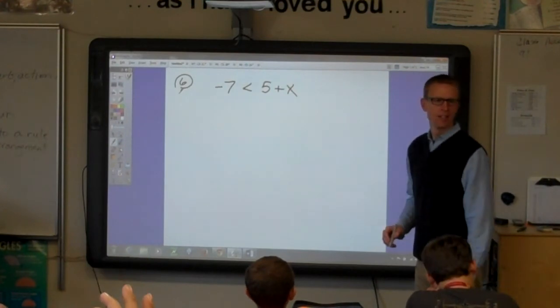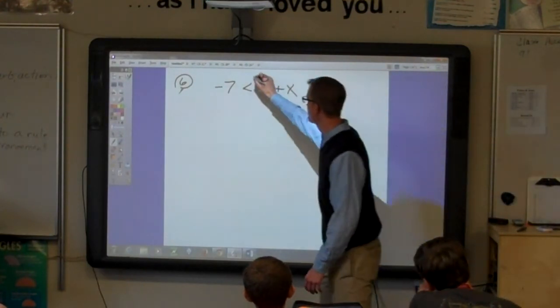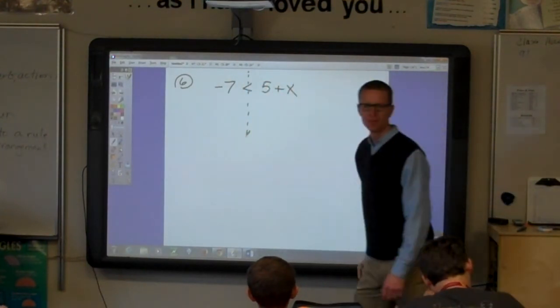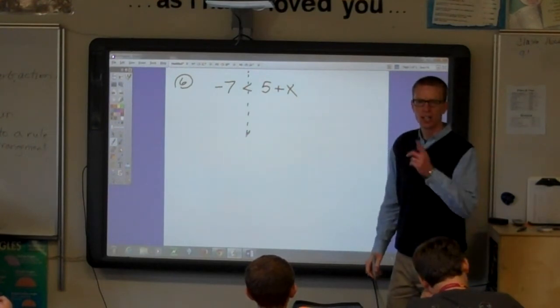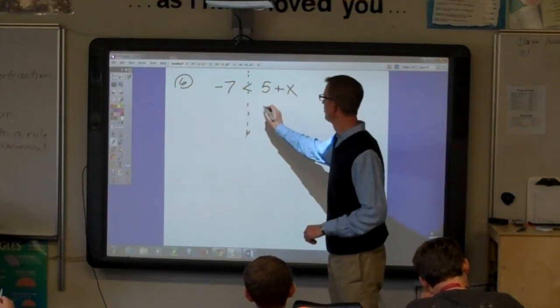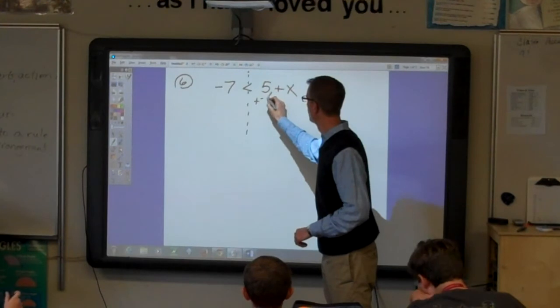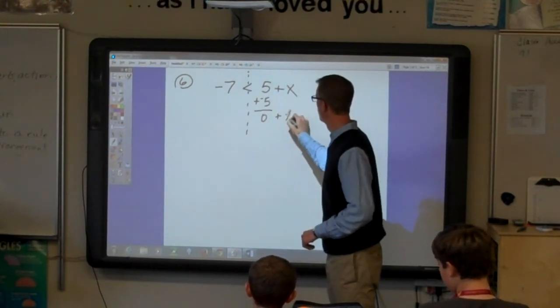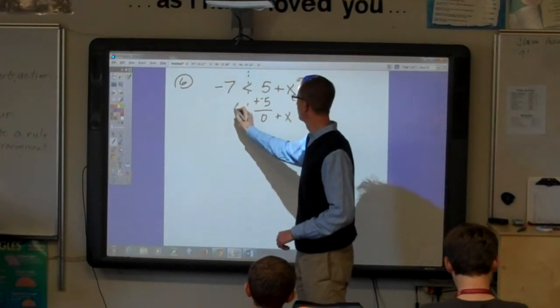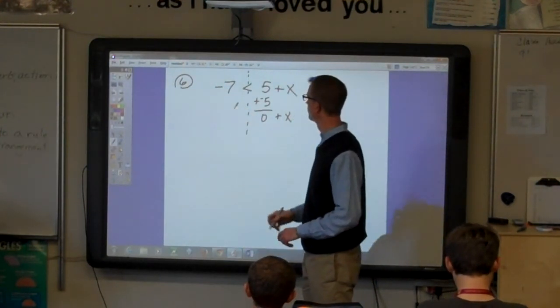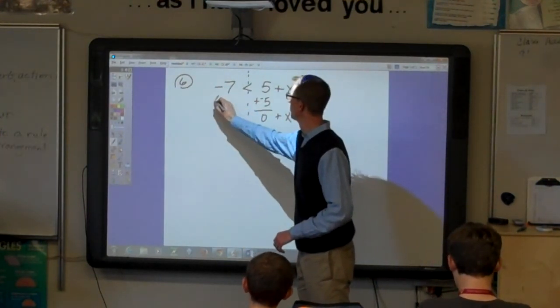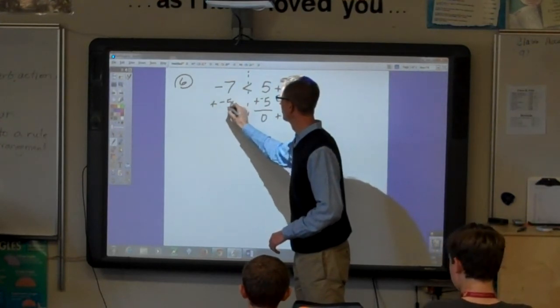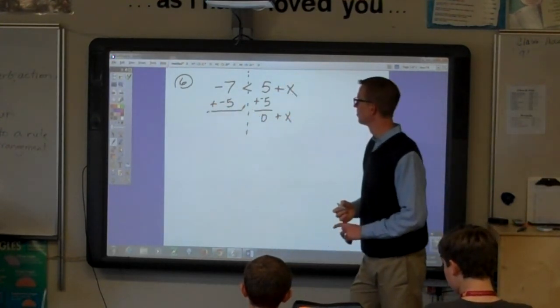First, draw the line. John? And then for the 5, you add negative 5 plus negative 5, and now it equals 0. You bring down plus x, and you add negative 5 to the negative 7, which equals negative 12.